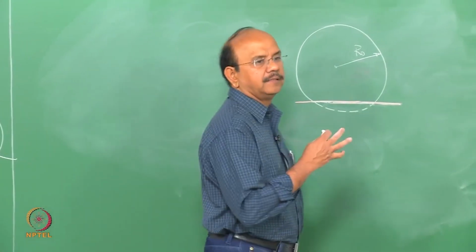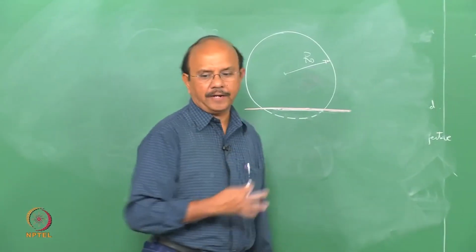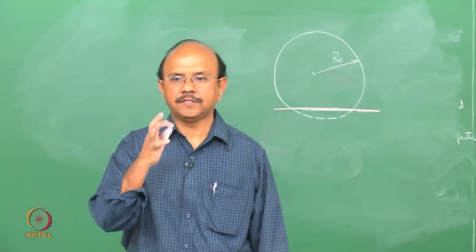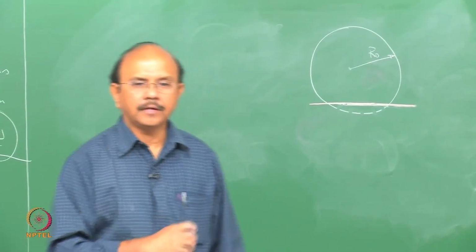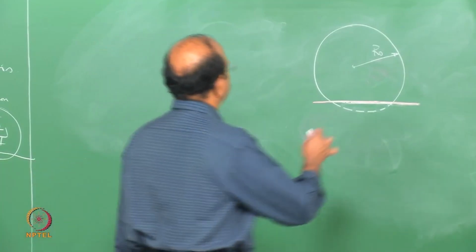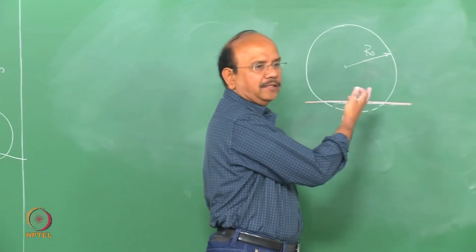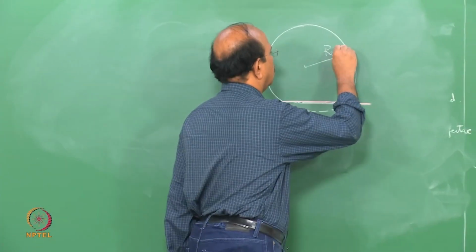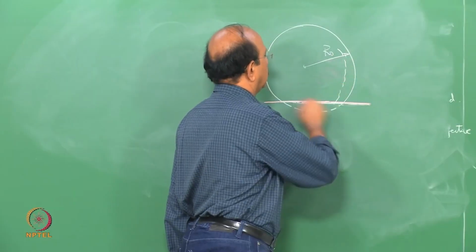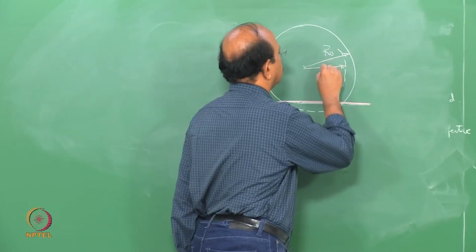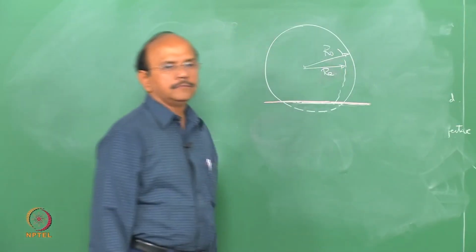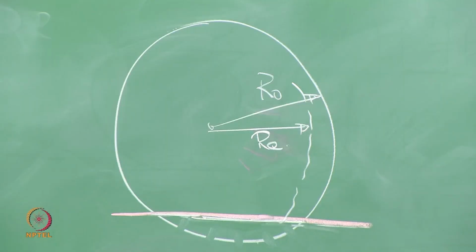Let's say that the RE, the equivalent radius, is smaller than this R naught. So let's say that is RE. And the loaded radius RL.